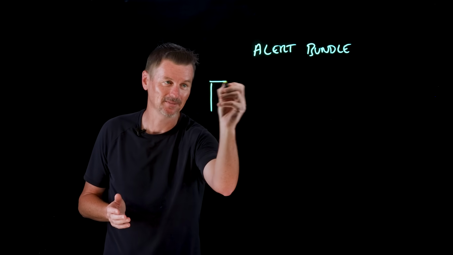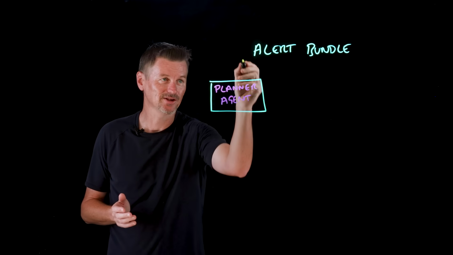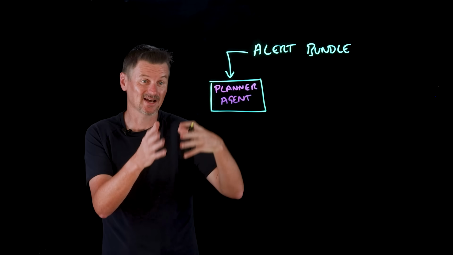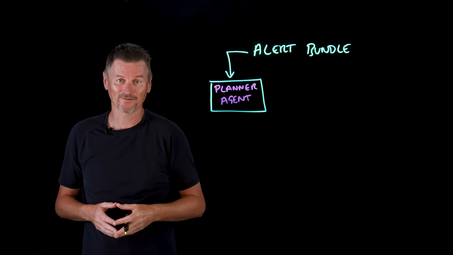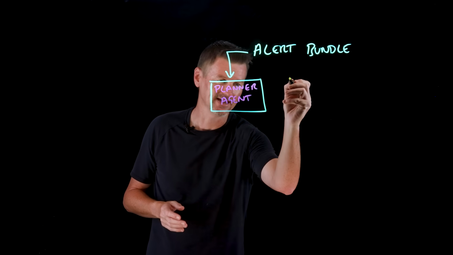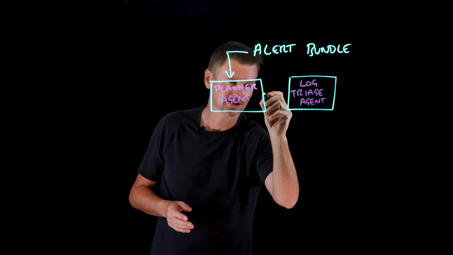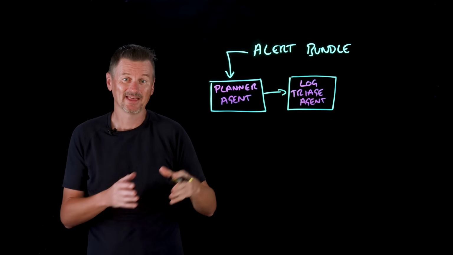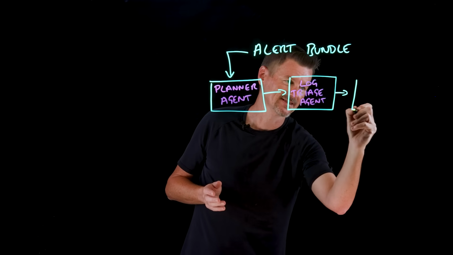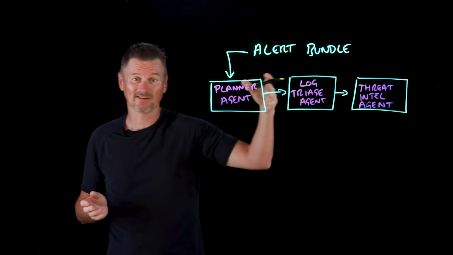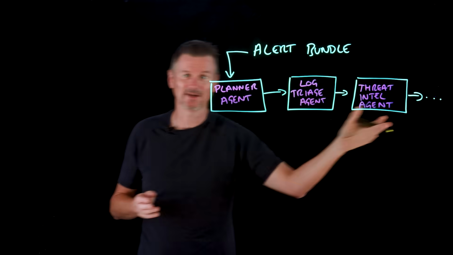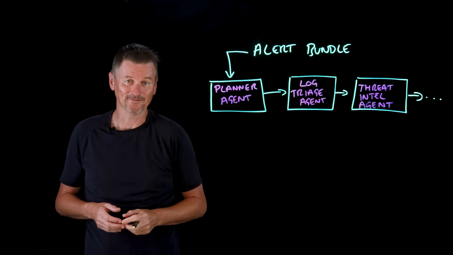So we have, for example, a planner agent. That's going to be the first component. That breaks up the request, and then it kind of spins up the agentic workflow and then passes it along to these specialized agents. So we might have a log triage agent here that parses the raw telemetry, and we might have a threat intel agent here that processes indicators, and so forth as we go down this workflow.